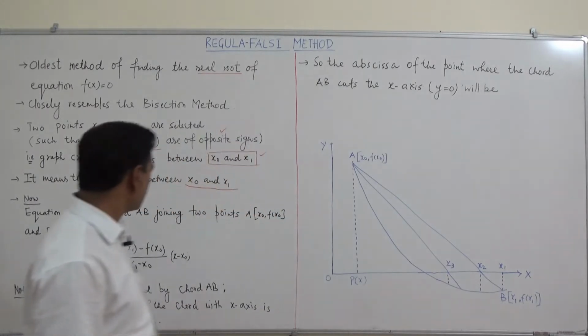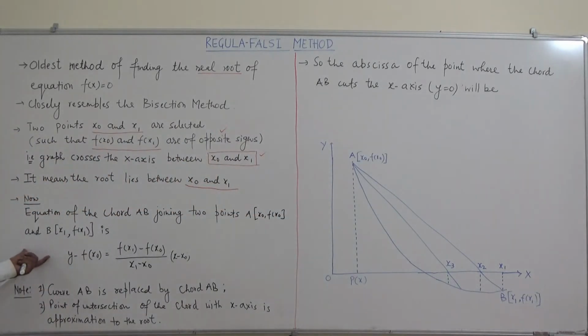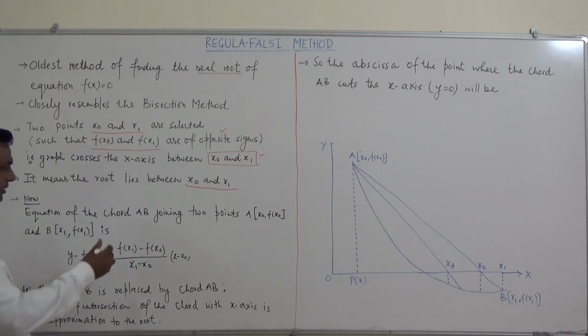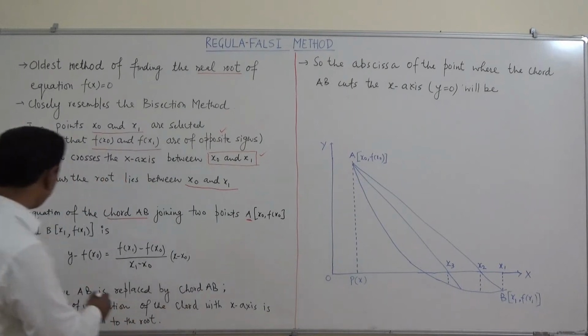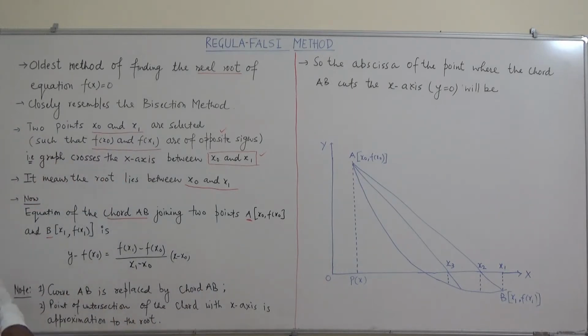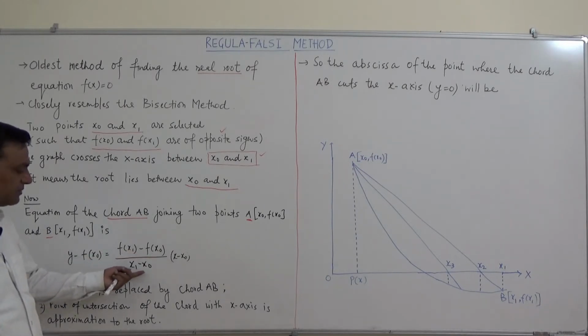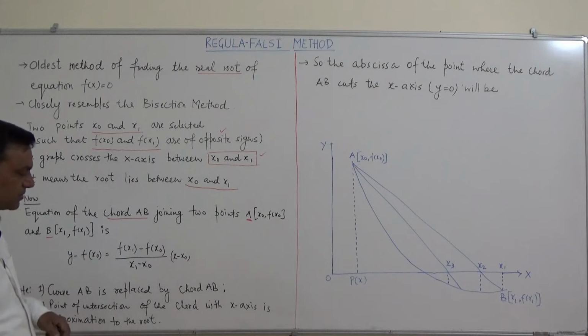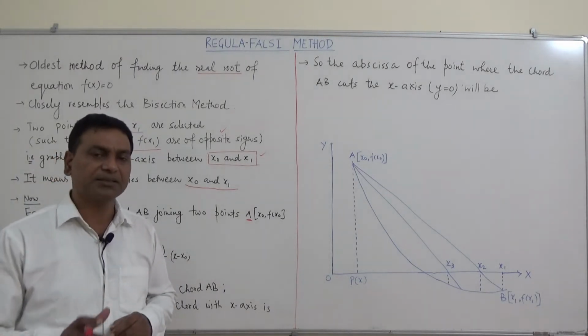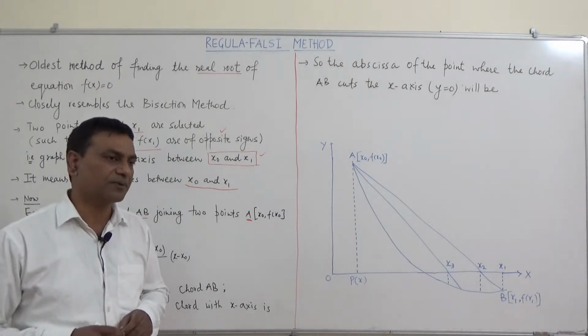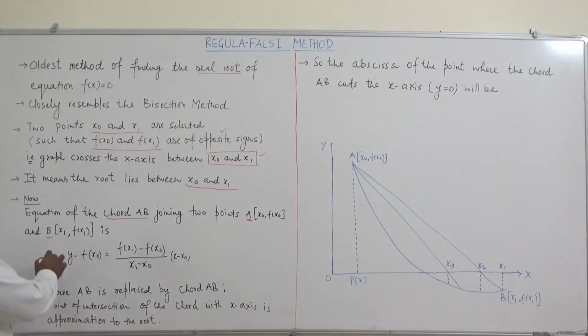So the equation of the chord AB between the 2 points A and B is given as y minus f(x0) equals (f(x1) minus f(x0)) divided by (x1 minus x0) into (x minus x0). Here we are not going into the detail of the mathematics, rather we are using the straightforward formula for this.